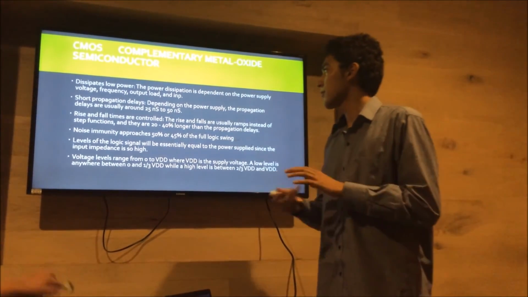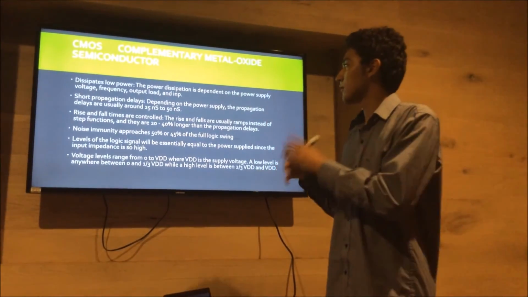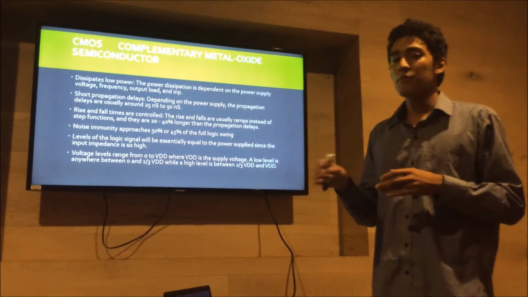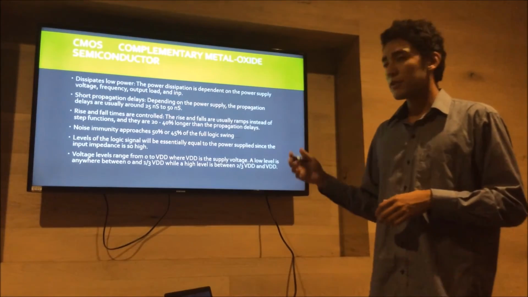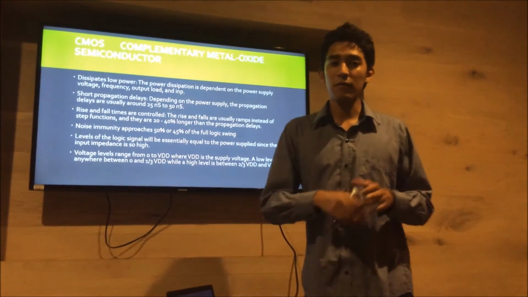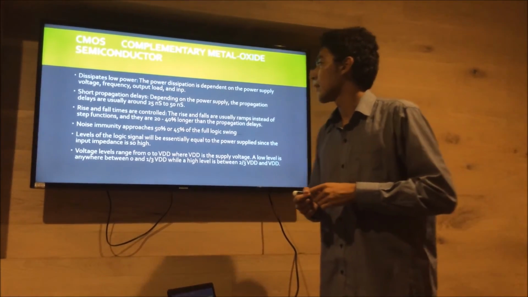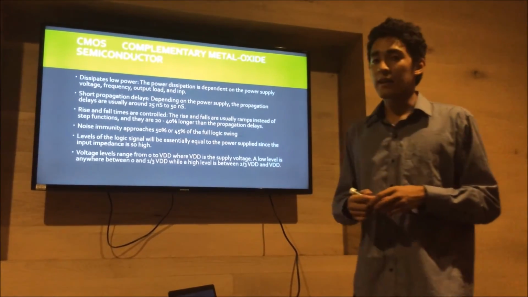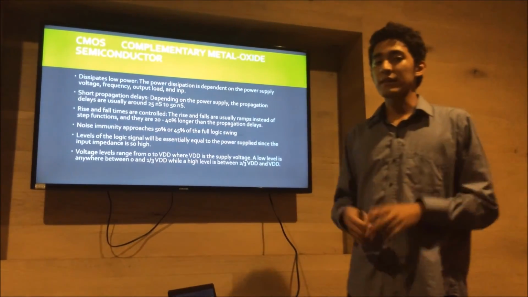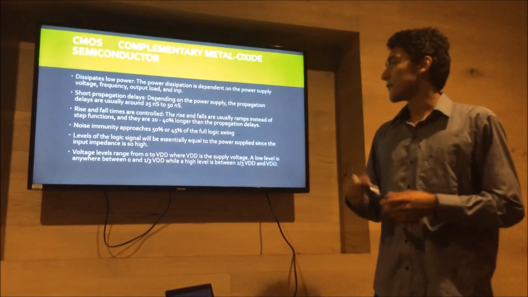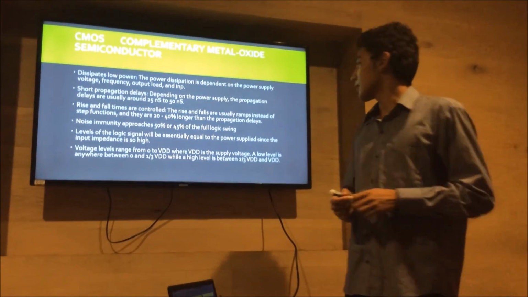And the rise and fall times are controlled. The rise and falls are usually ramps instead of step functions, and they are 20 to 40% longer than the propagation delay. The noise immunity approaches 45 to 50% of the full logic swing. The levels of the logic signal will be essentially equal to the power supply, since the input impedance is so high. The voltage level ranges from 0 to VDD, where VDD is the supply voltage.